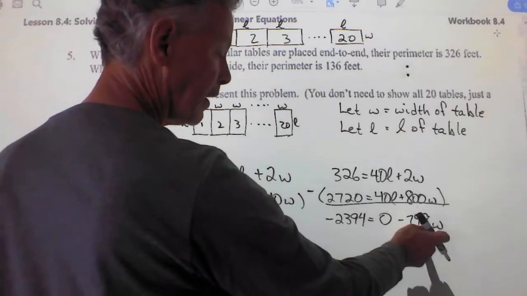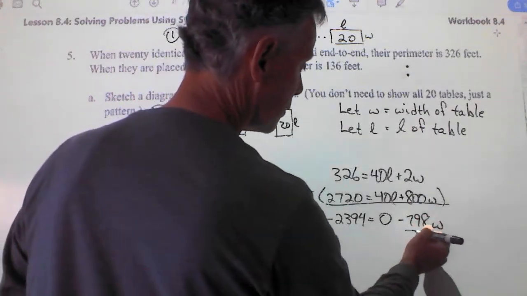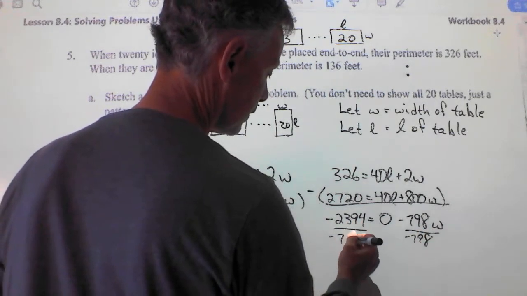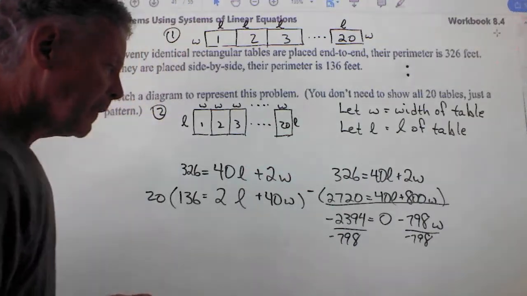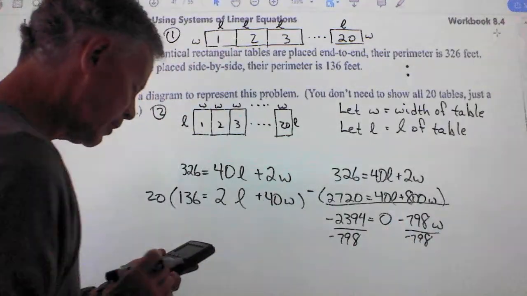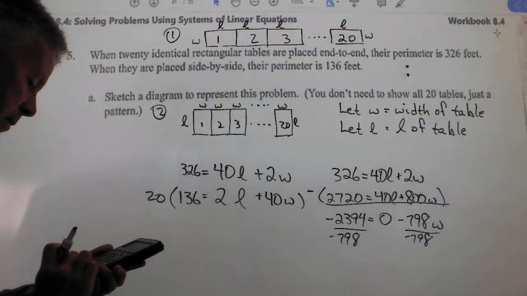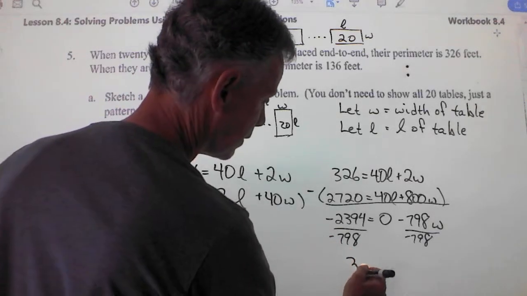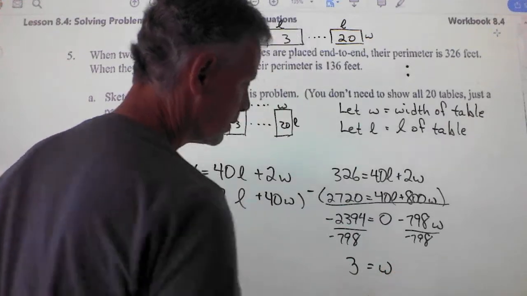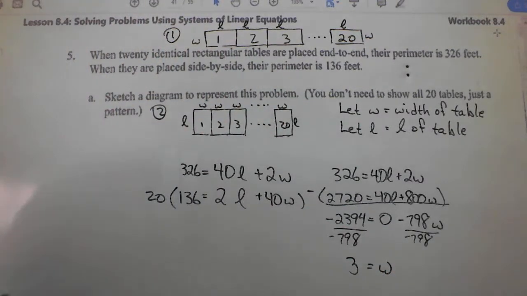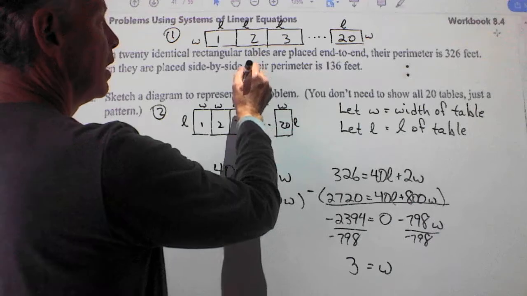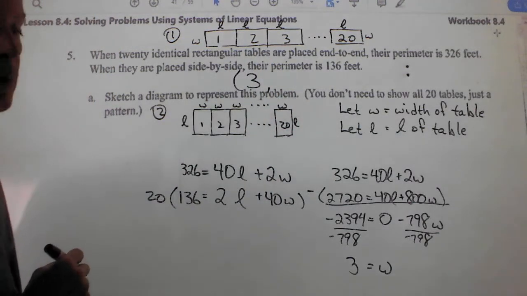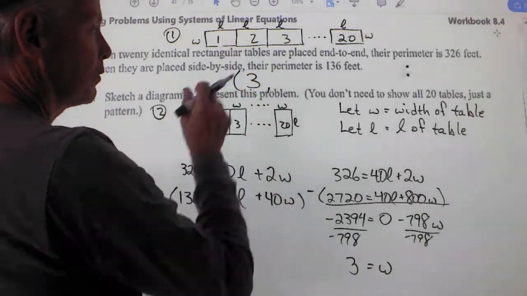Last step, we want to isolate W, so we divide both sides by negative 798. And what that gives us is our value for W, which is 3. Okay? So, we're halfway there. We know that our value for W is 3.